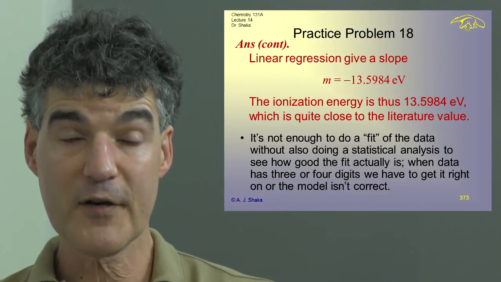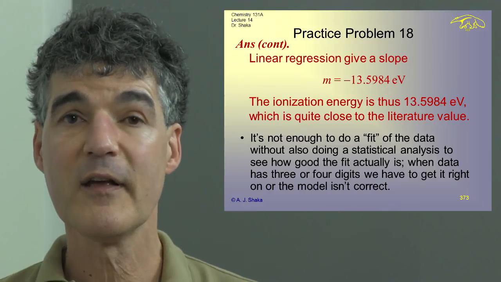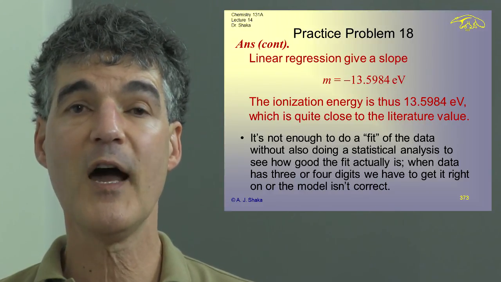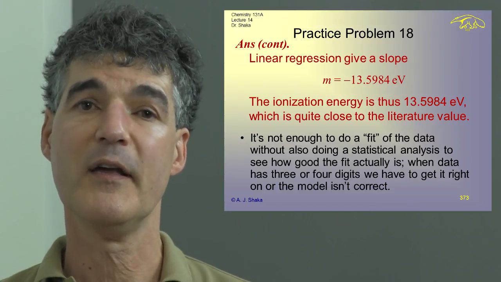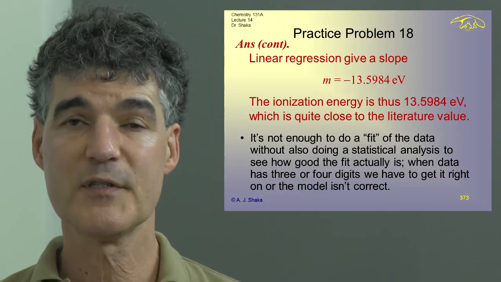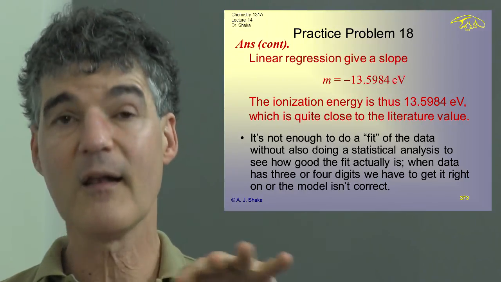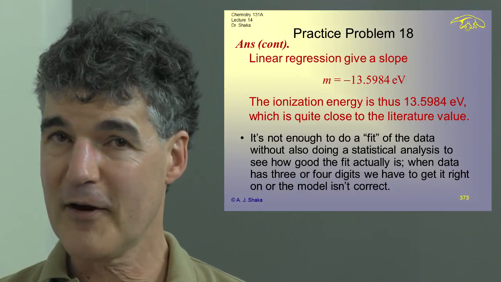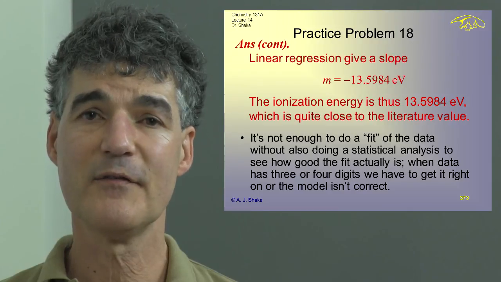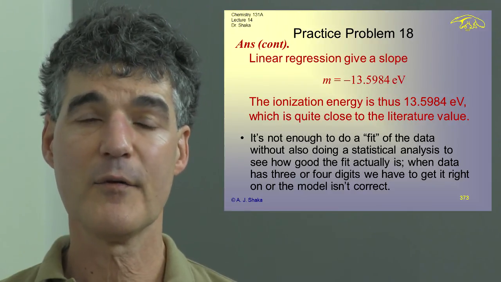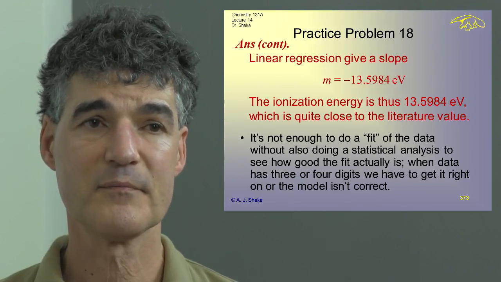If you don't bother to do that, and most of the time people don't, they just do some fit, it looks good, they assume it's right, and they quote an answer, you can get really crossed up if you have systems that are in fact very subtle, the curvature is subtle, and the data is very, very highly precise. So in these cases, if it's not right on, then your model isn't correct. Keep that in mind when you're doing these kinds of problems.